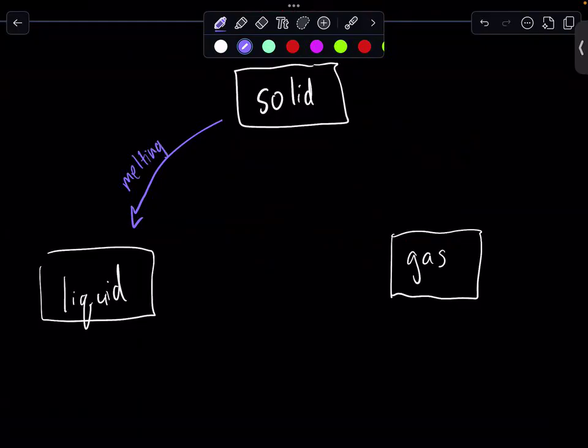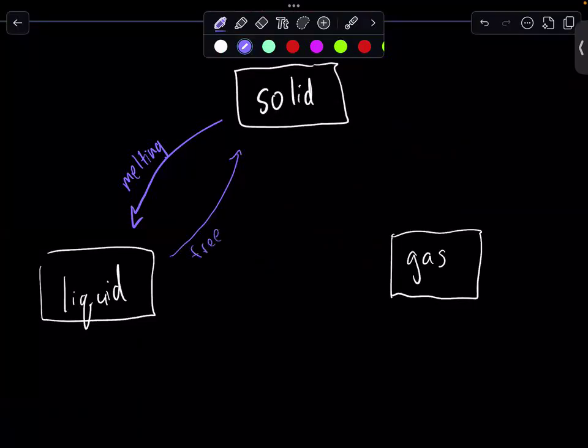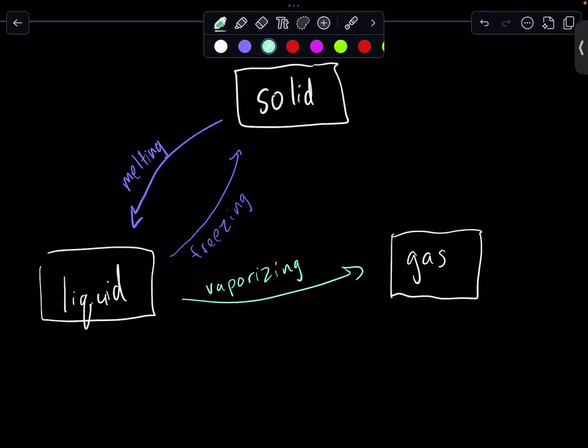When we take our liquid and turn it back into solid, we call that freezing. When we take our liquid and we turn it into a gas, we call that vaporizing. Now, you may know a different word for that. You may think of it as boiling, but boiling is only half of it. We'll cover that in a moment. When you take your gas and you turn it into a liquid, we call that condensing.